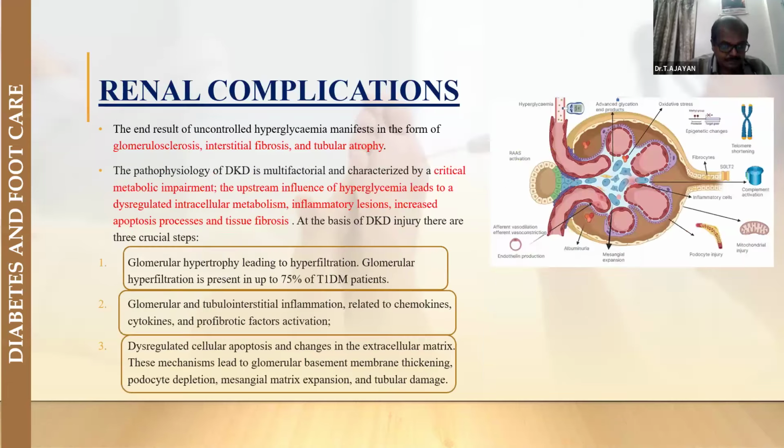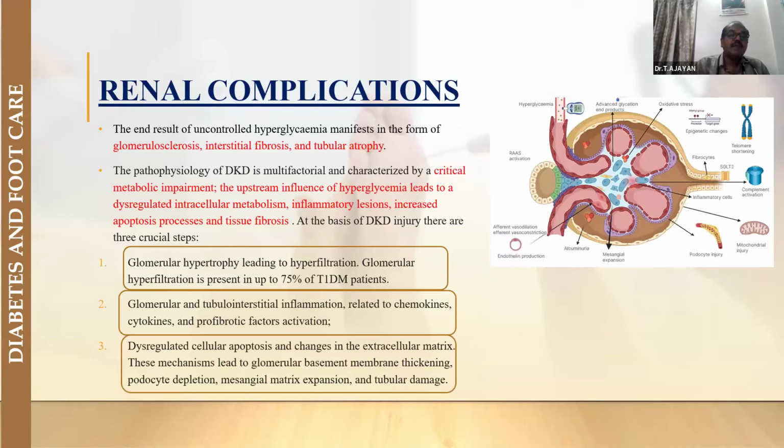Next one is renal complication. The renal complication is due to uncontrolled hyperglycemia and manifests in the form of glomerulosclerosis, interstitial fibrosis, and tubular atrophy. That means basically there is a basement membrane defect.